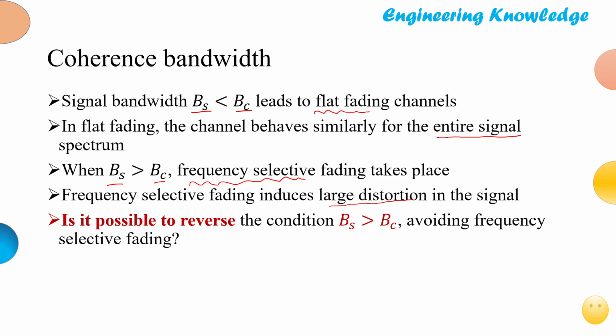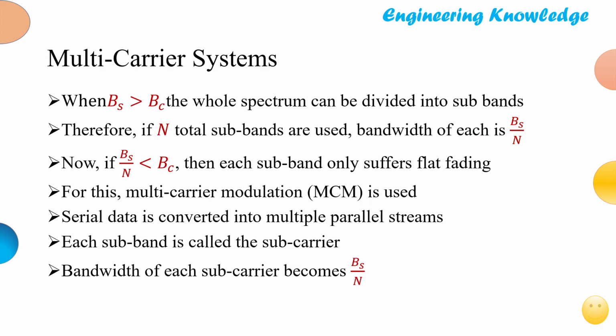So systems have been built to check, if Bs is more than Bc, which means the signal bandwidth is more than the coherence bandwidth, then can we avoid this frequency selective fading. As it turns out, if Bs is more than Bc, we can use n total subbands where each signal will now have a bandwidth of Bs upon n.